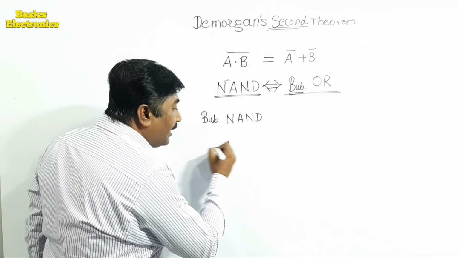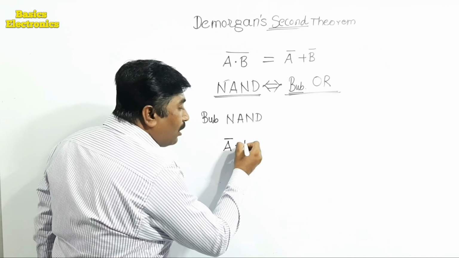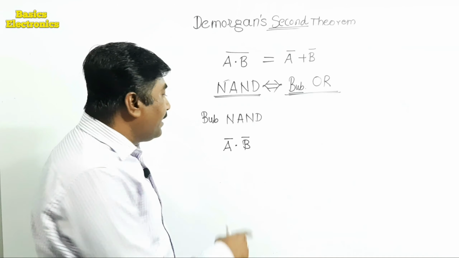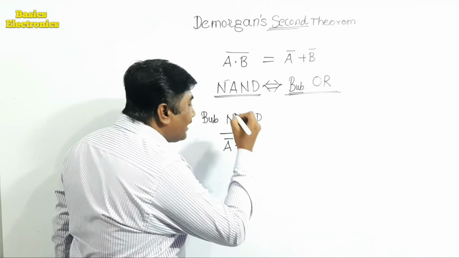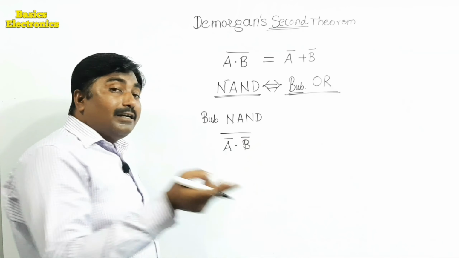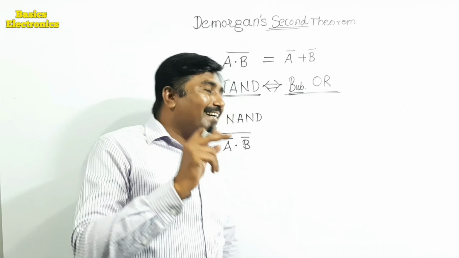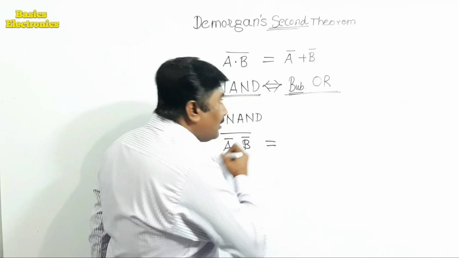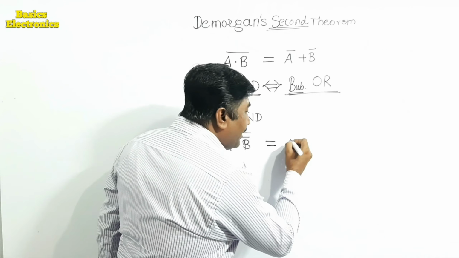The inputs are A complement and B complement, then the equation of the NAND gate is like this: (A complement dot B complement) complement, which equals A double complement plus B double complement.